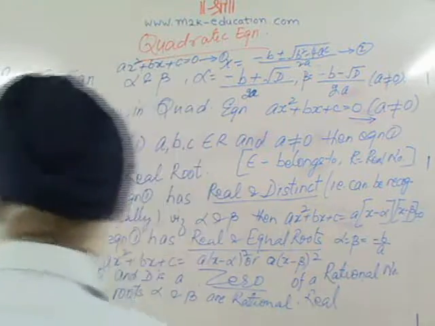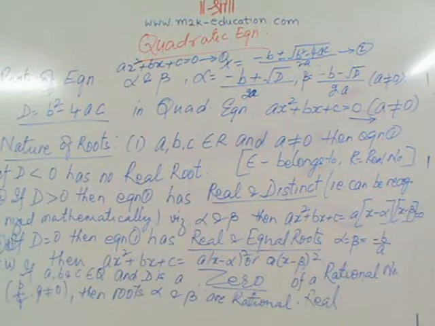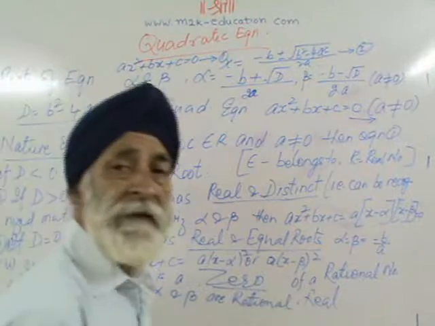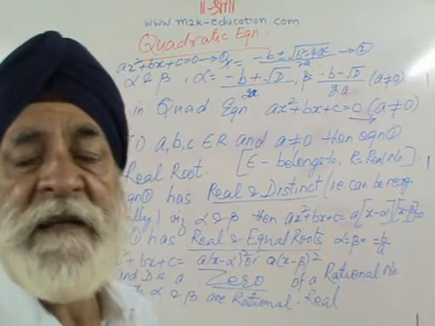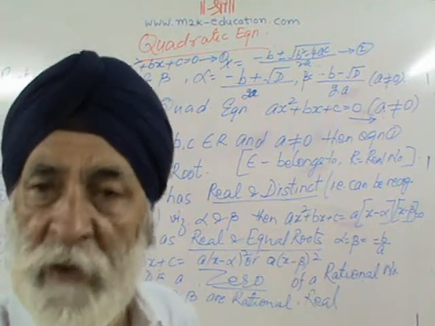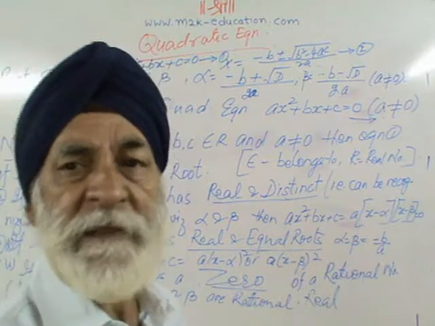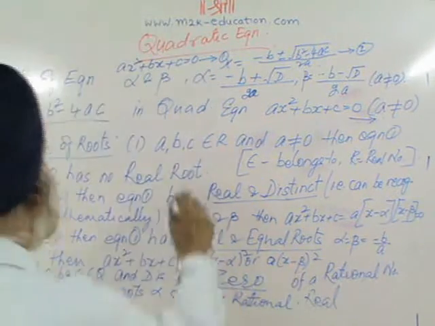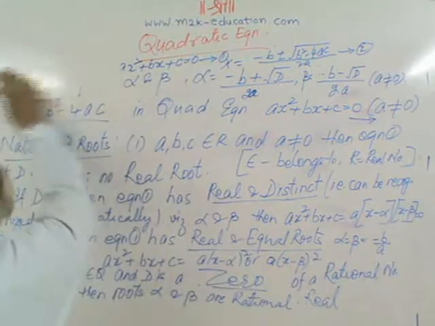Irrational is that which cannot be defined in the form of a ratio. So I'll first explain a little bit about rational and irrational.